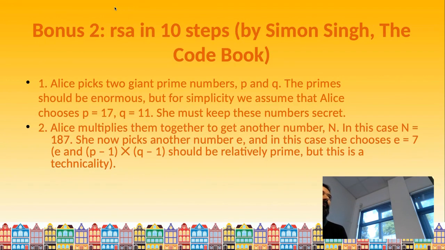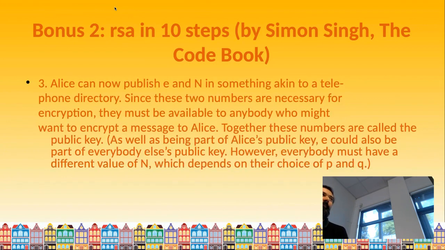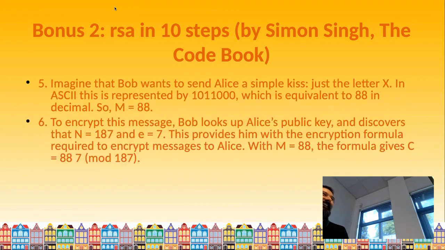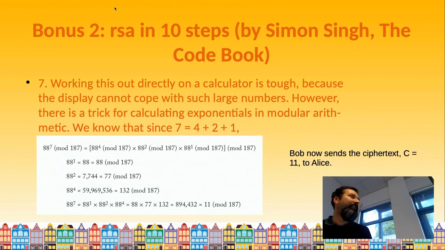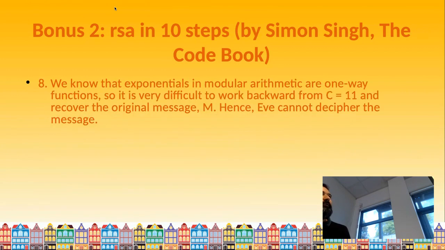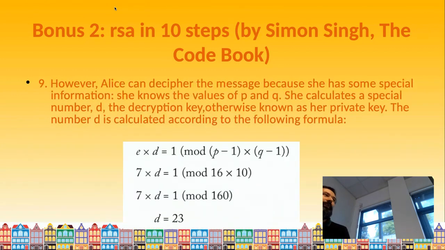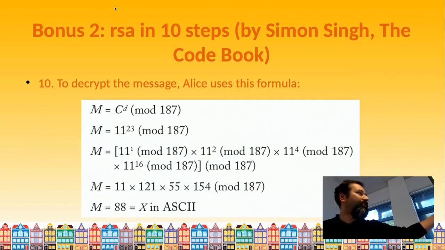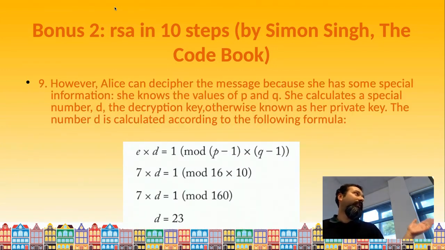Now we have these 10 steps, but I don't think I'm in the mood to go through all of them. Yeah, it's nice. I just leave you with this reading suggestion, a really nice book. And when you go through these steps, you really understand RSA, and you understand how amazing it is because it's simple.